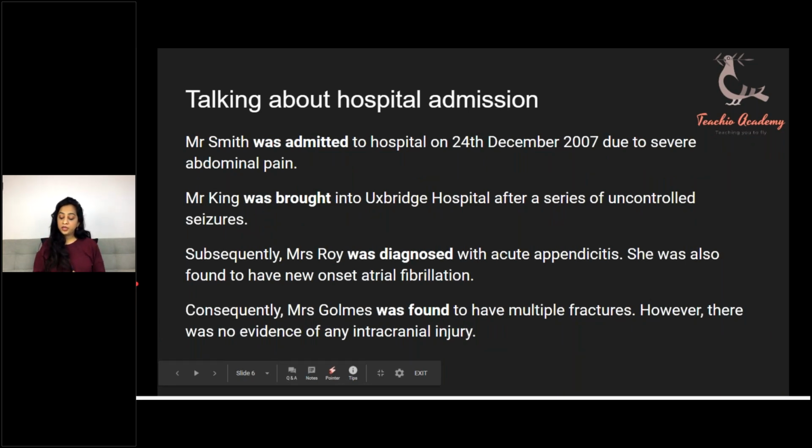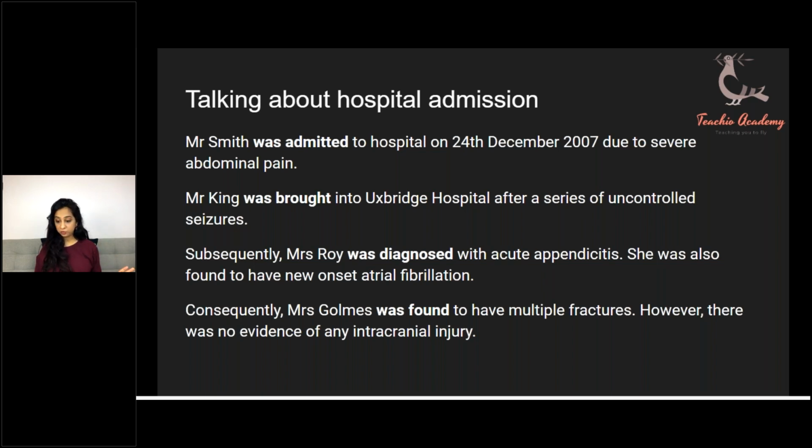Now, when you're talking about a hospital admission, the hospital admission also happened in the past. So we're using the past tense. Guys, if you're confused about why we're using "was admitted" and why we're not using "admitted," then this is active and passive voice.